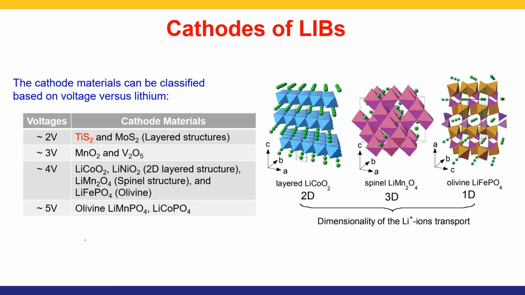As mentioned, the reduction potentials of cathode materials are more distinct from each other. We have the reduction potential of the cathode material ranging from 2 volts to 5 volts. The increase of reduction potential is due to the change of the bonding nature. Here we have a metal sulfur bond, metal sulfide bond. And then moving to high reduction potential, we have a metal oxygen bond, metal oxide bond.